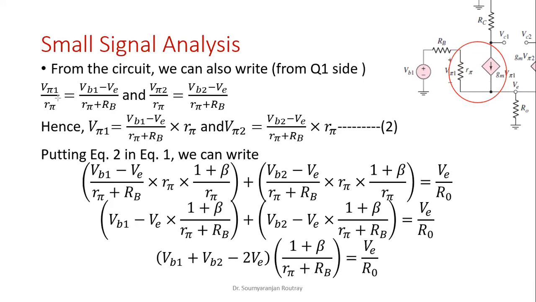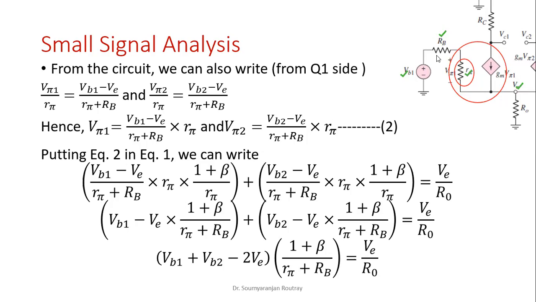V pi 1 divided by R pi is nothing but this resistance. V pi 1 divided by R pi is equal to V1, VB1 minus VBE divided by R pi plus RB. This is nothing but a nodal equation.